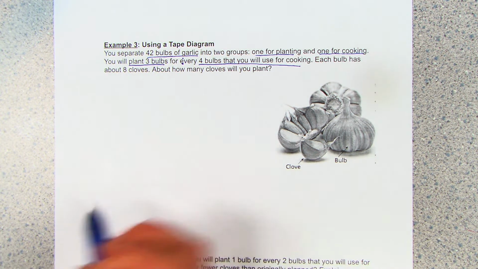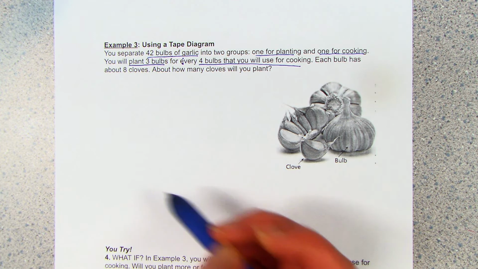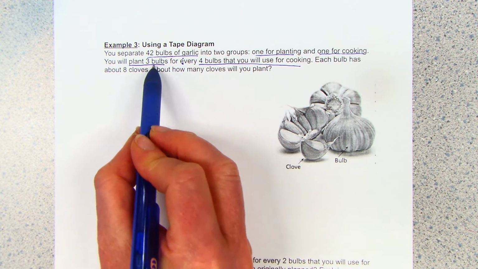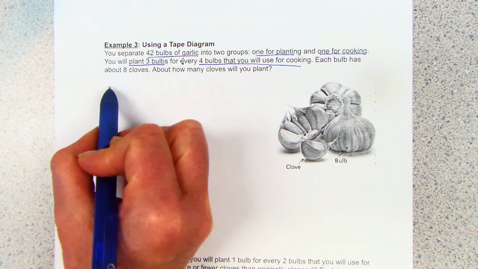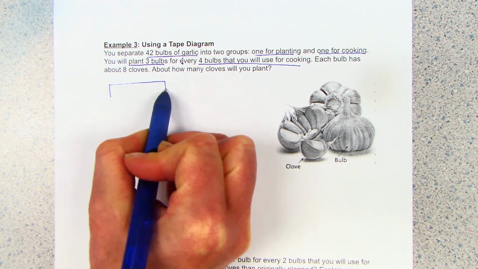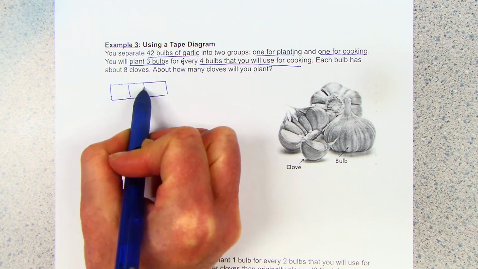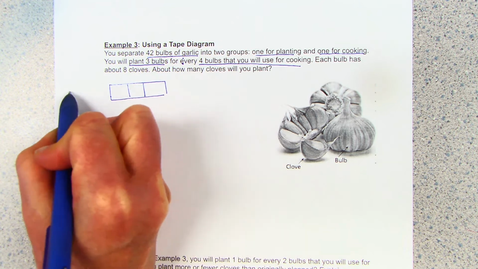All right, so let's just start. That's a lot of information, right? That's really a lot going on. It's kind of confusing. Look how clear it is once you do the tape diagram. I know that I'm going to have 3 bulbs to 4 bulbs. So I will start by making a diagram that has 3. I'm going to need to divide this up. This is for planting.